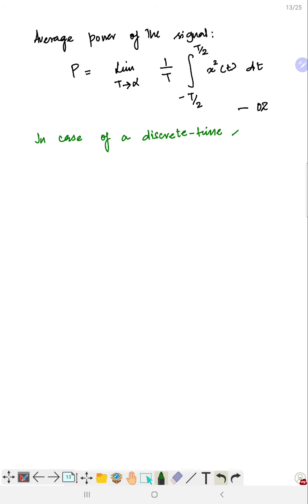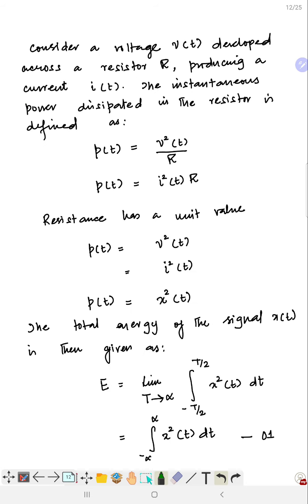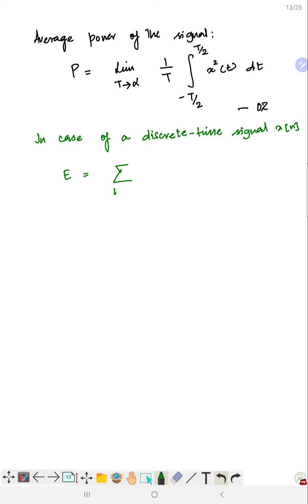So in the case of a discrete time signal, which we denote as x of n, the total energy will be given by, we won't be having the integral, we'll be having the summation from n equal to minus infinity to plus infinity of x square n.